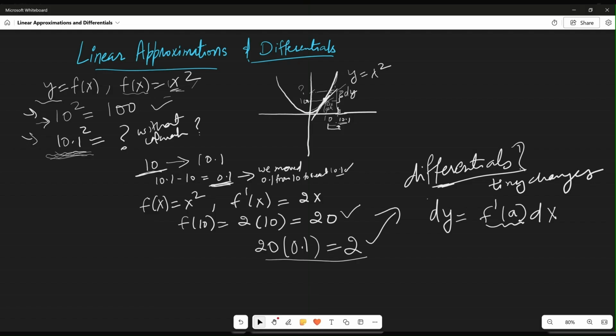So we already know that to reach from 10 to 10.1 we move 0.1, delta x or dx, right? And now we also know dy, we moved upwards 2 steps or points, let's just say, and we have that value as well.